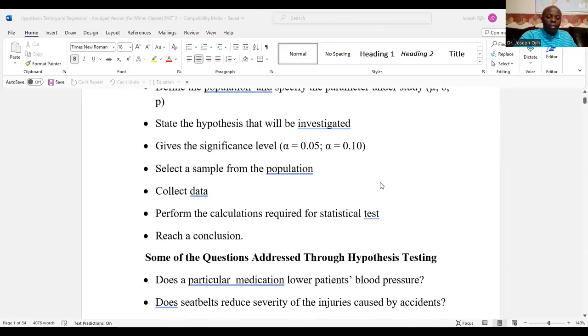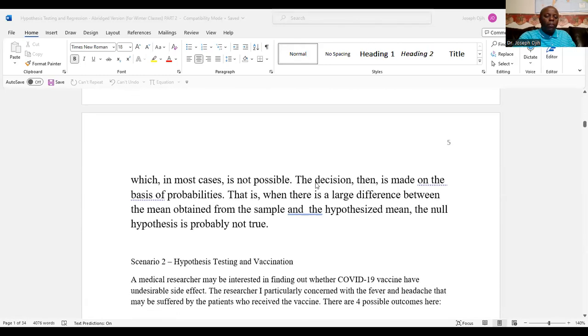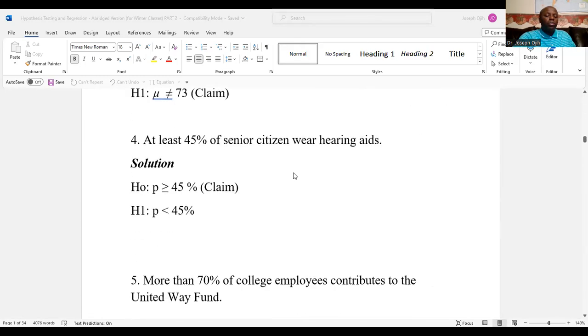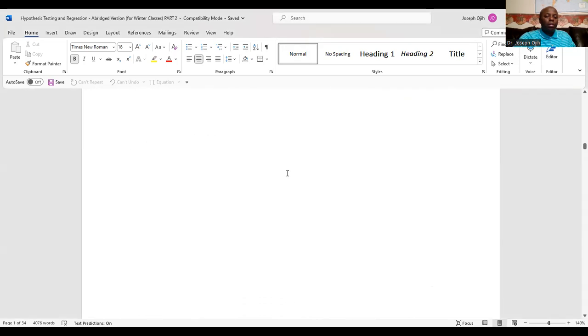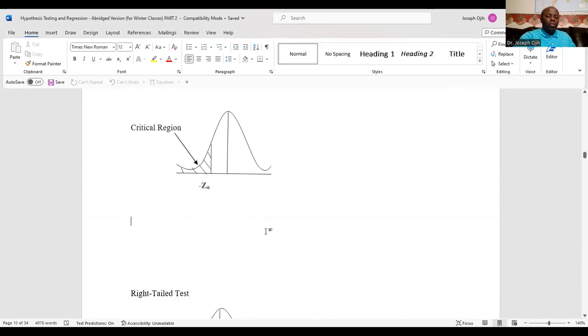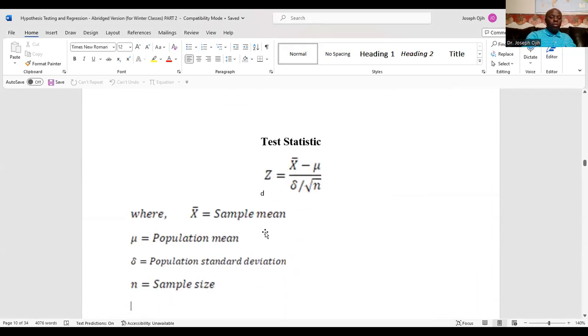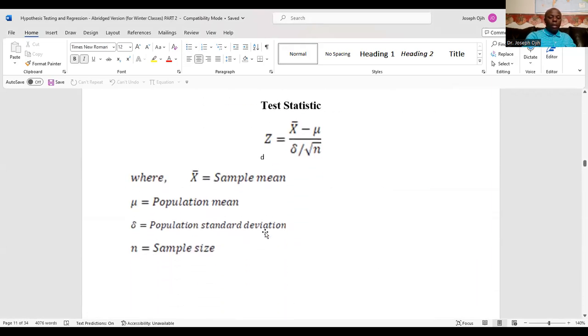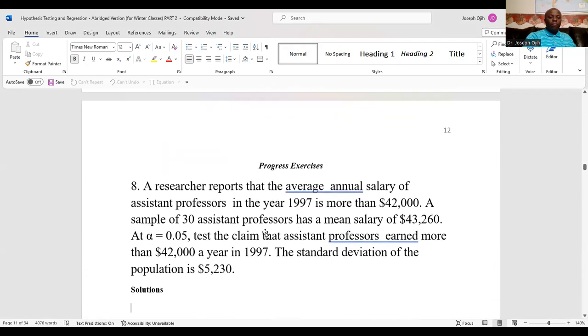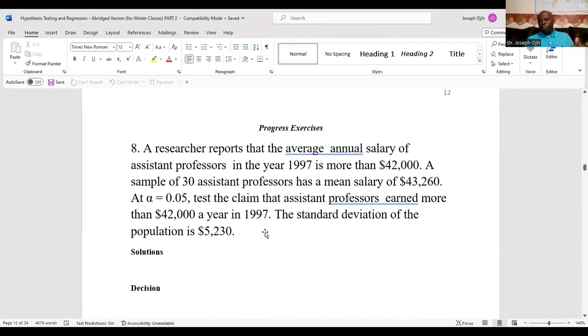Okay. Now let's look at our first question. We're going to be following these simple rules, which includes to state a hypothesis and identify the claim. First example says, just this example should be enough to illustrate that. A researcher reports that the average annual salary of assistant professors in 1997 is more than 42,000.